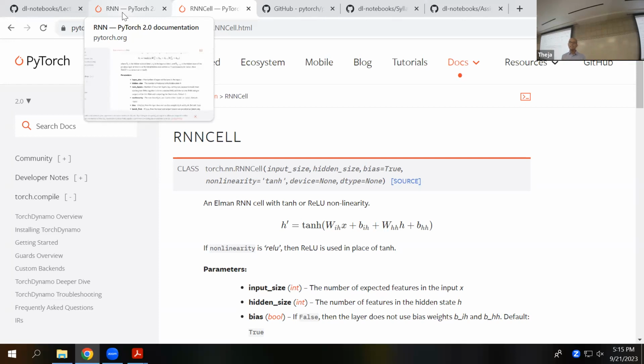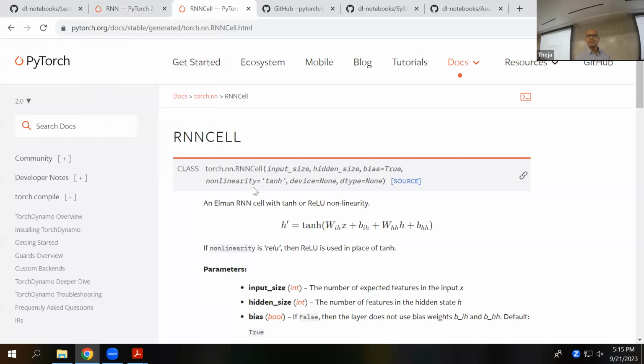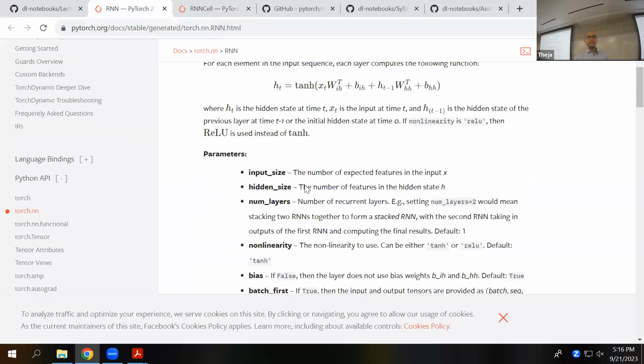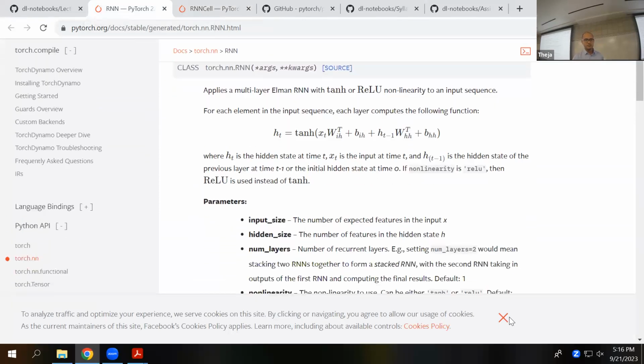The RNN cell, on the other hand, just does that one step. So you could call the RNN cell 5 times by wiring it up the way we did in the NumPy version, and it's exactly the same as the RNN block. But let's directly look at the RNN because it has a couple of interesting things.